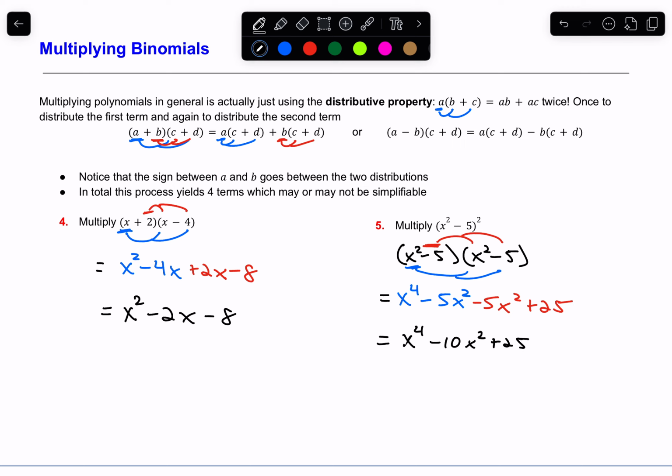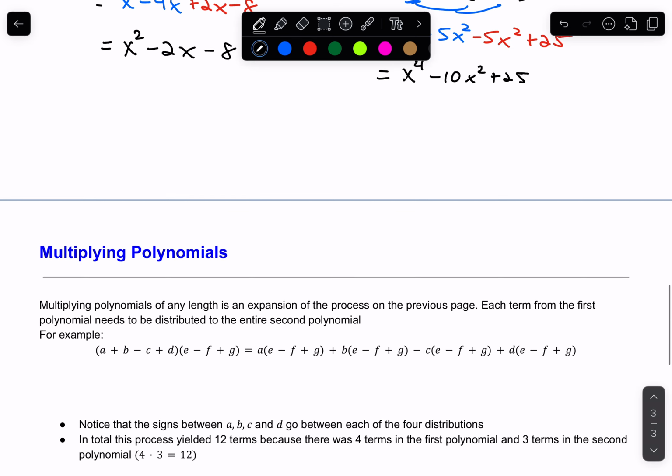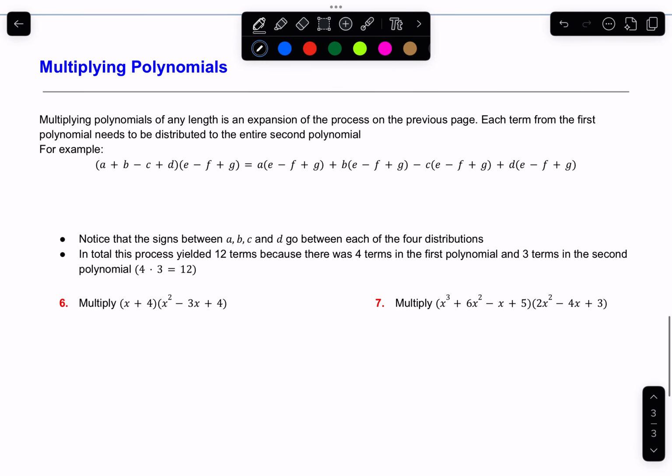All right, so now you're thinking, well, why only two terms? Why not have more terms? So we can do that just as easily. If I have right here a plus b minus c plus d distributed or multiplied by e minus f plus g, all I do is take the a term and multiply it by the whole other expression. Take the b term and multiply it by the whole other expression. Take the negative c and multiply it by the whole other expression.